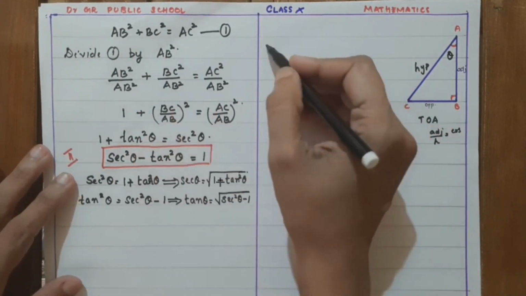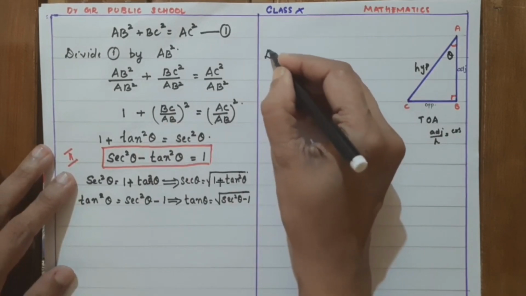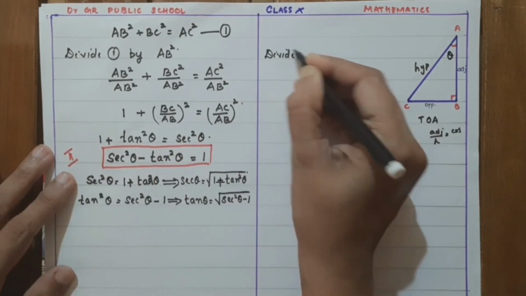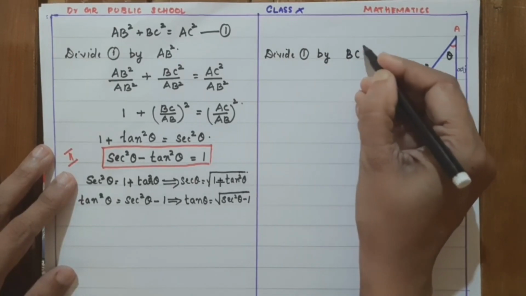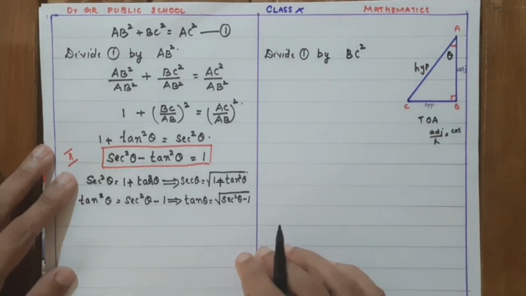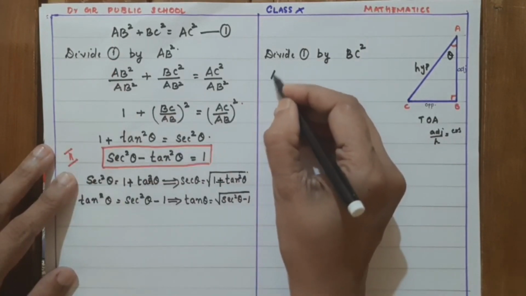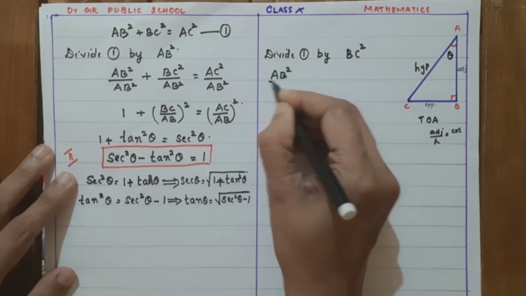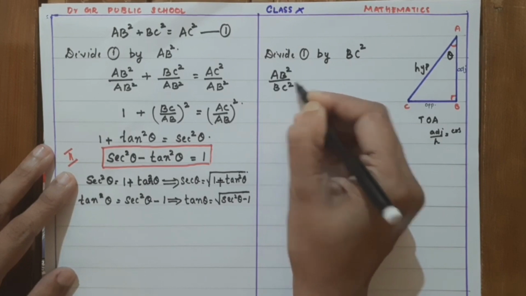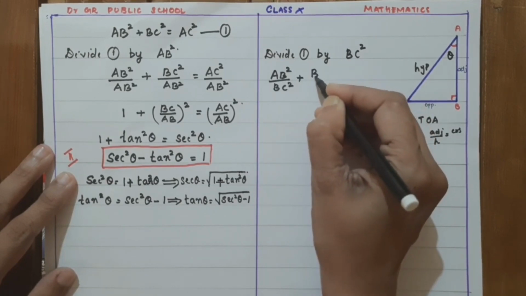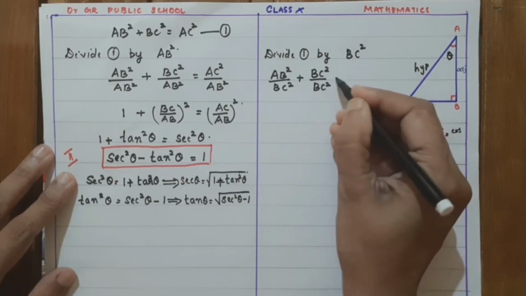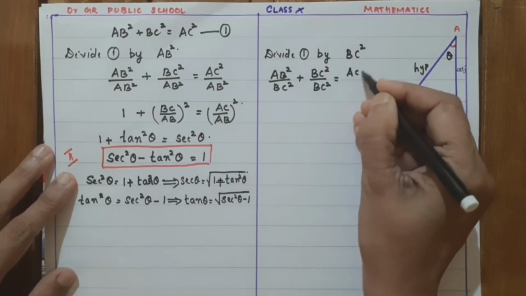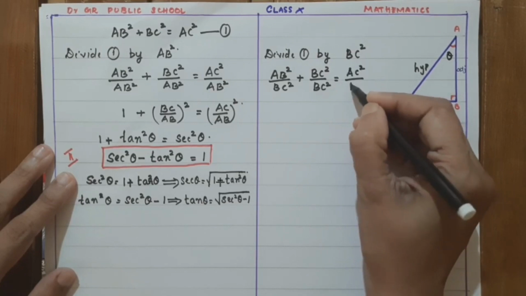Now we can divide equation 1 by BC square. What will we get? AB square by BC square plus BC square by BC square equal to AC square by BC square.